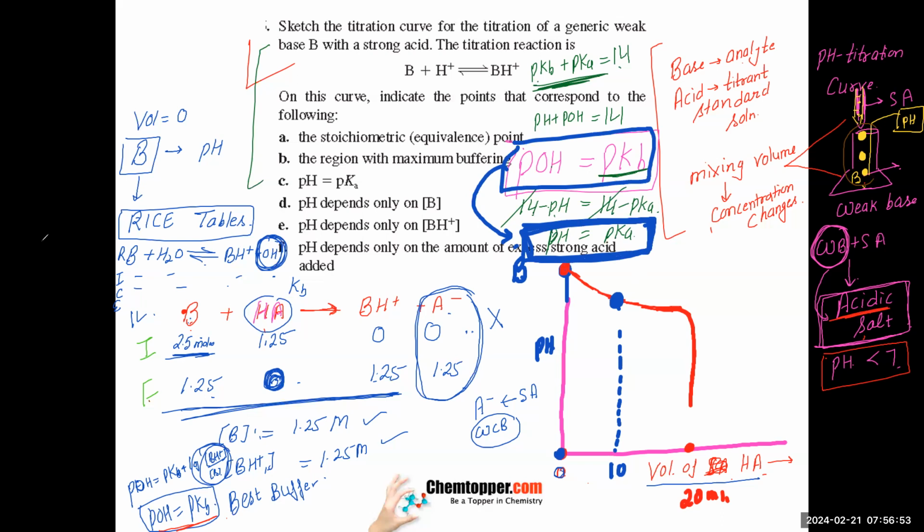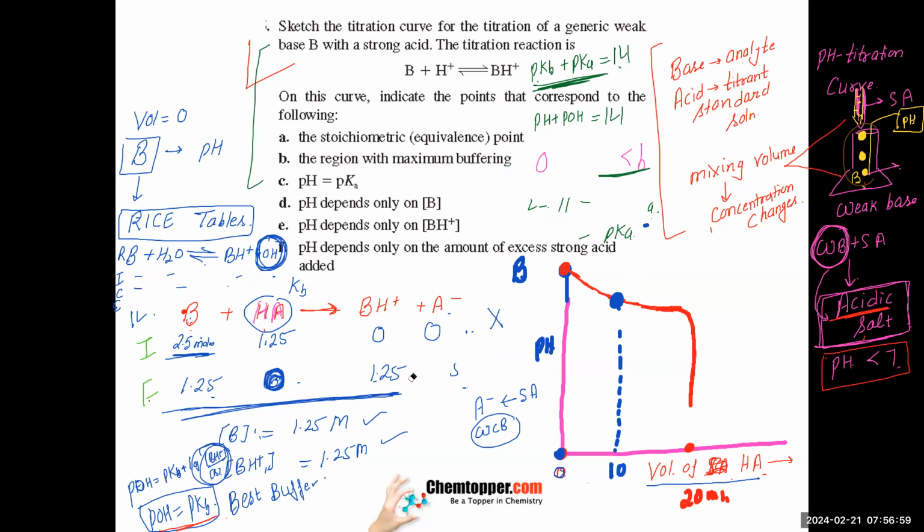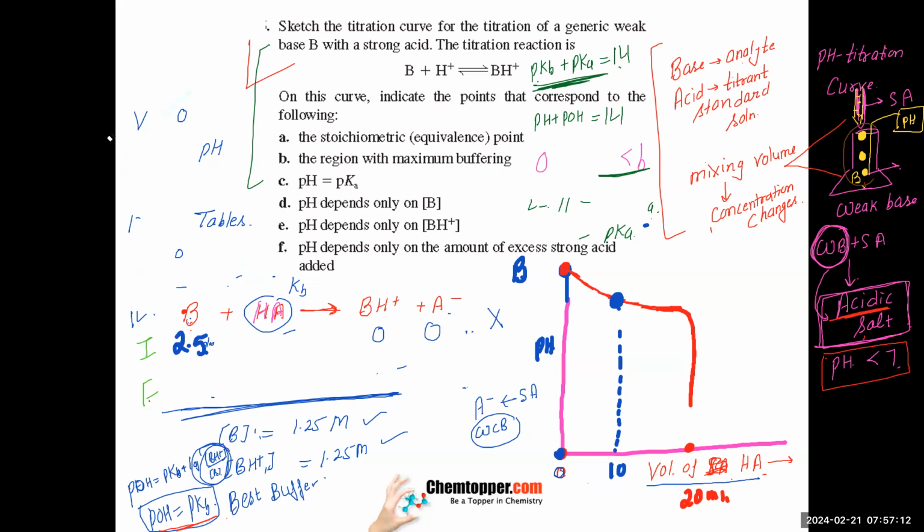Okay, now I'm taking you to the next level. Now I have added excess of the acid. We started with 2.5, you remember? 2.5. Now I'm taking excess of the acid. So I'm erasing everything just to minimize the confusion.